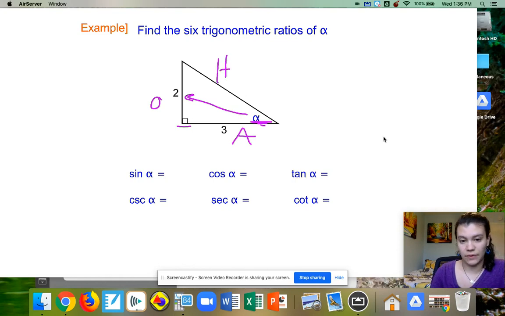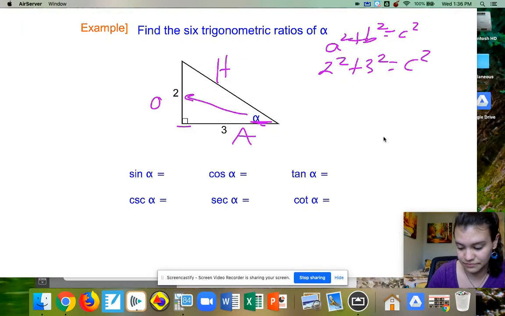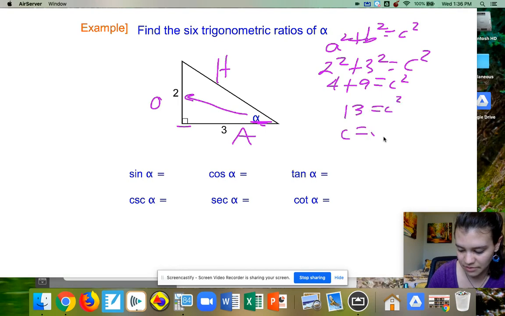We need to figure out the hypotenuse first, using the Pythagorean theorem: a squared plus b squared equals c squared. Which is a and b doesn't matter. So 2 squared plus 3 squared equals c squared. 4 plus 9 equals c squared. 13 equals c squared, c equals square root of 13.